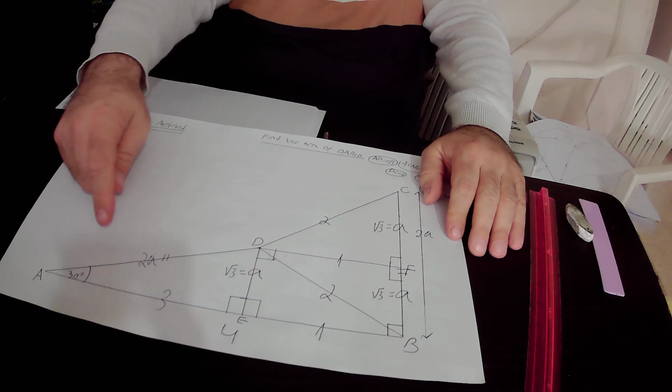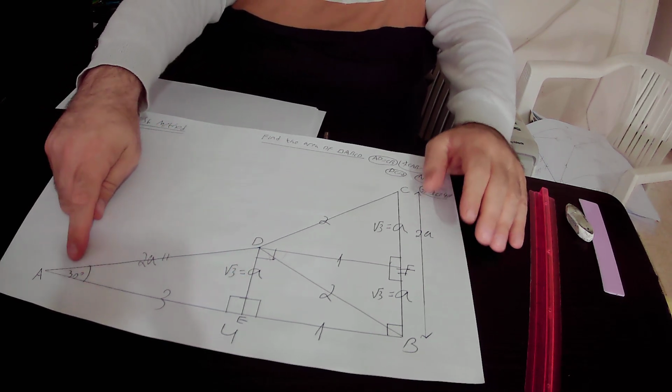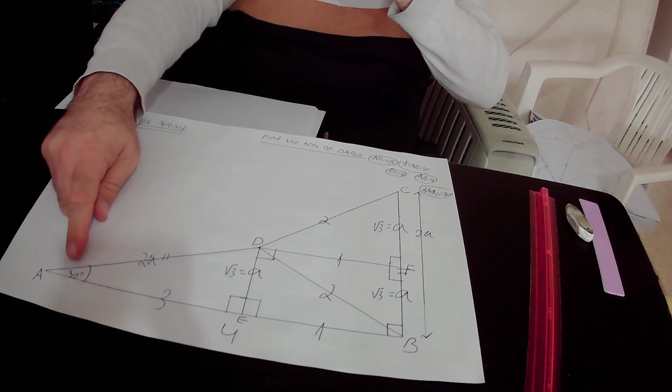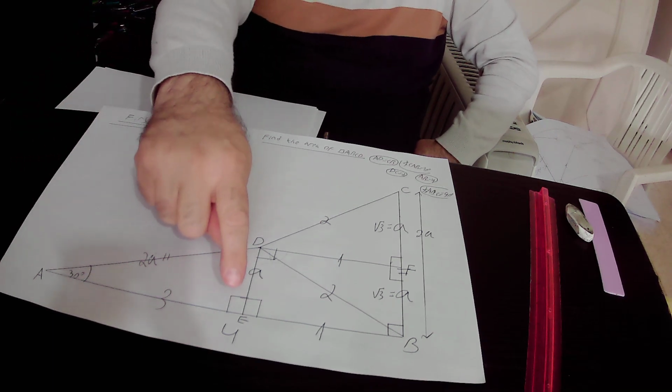Then we focus on the right triangle ADE, sine 30 degrees equals DE over AD. We define DE as A.